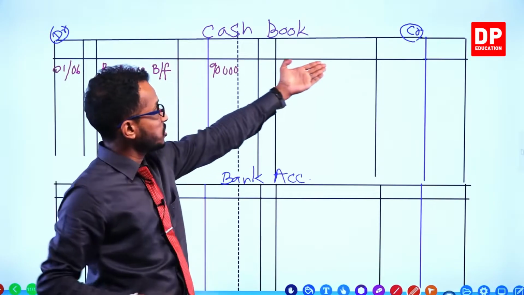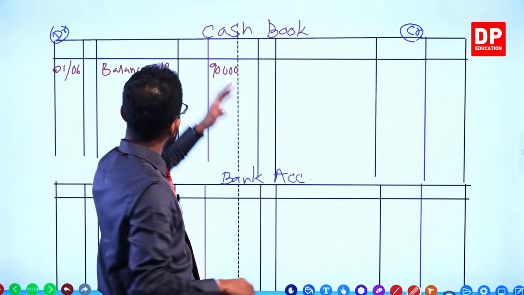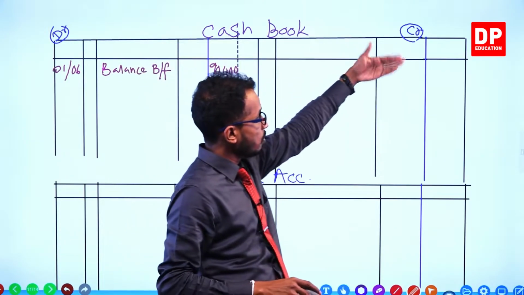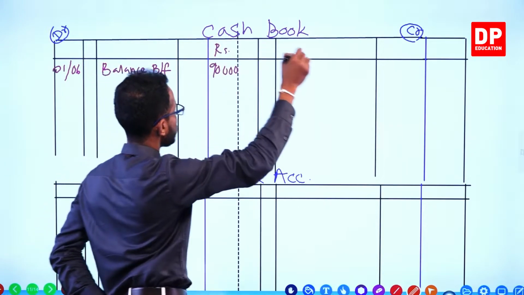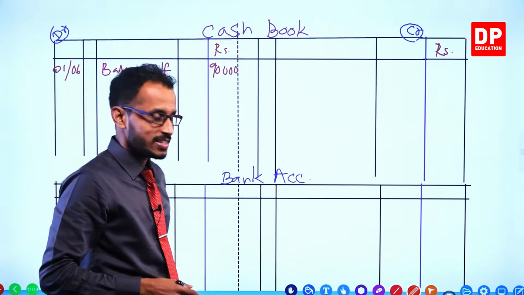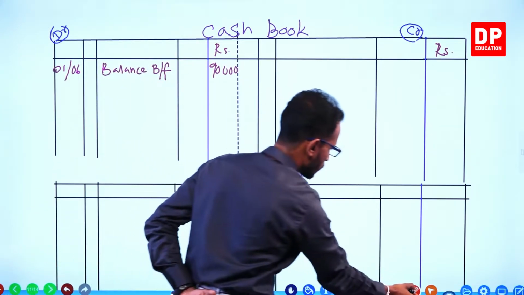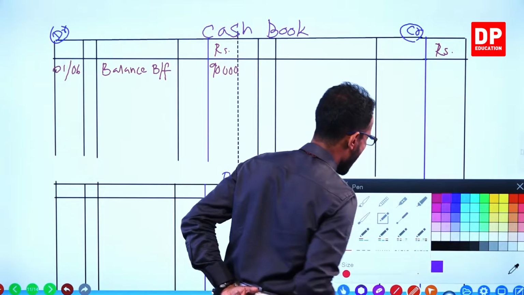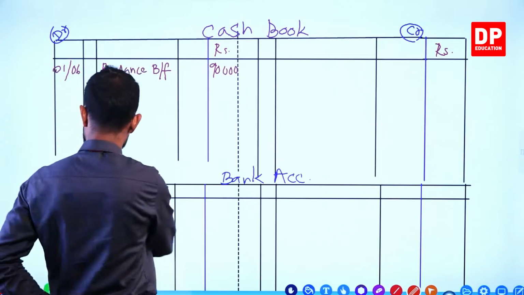I have not mentioned my headers for each row. All right, if you insist, I will just put the very important headers, the amount columns and the discount columns.